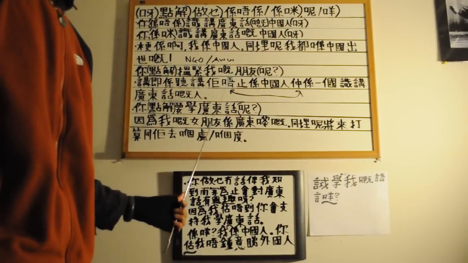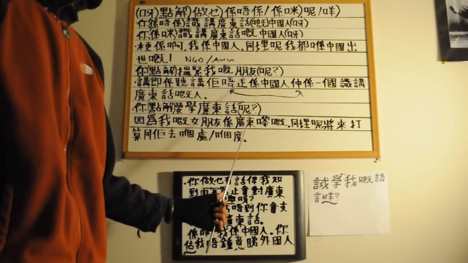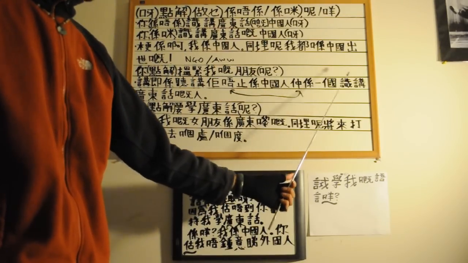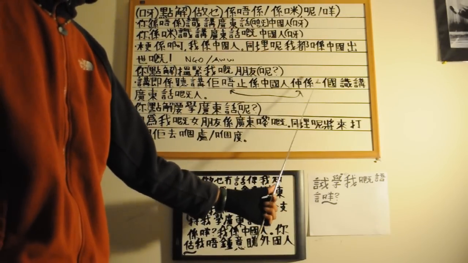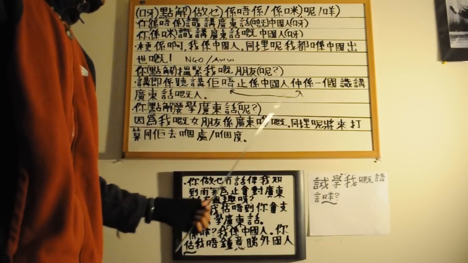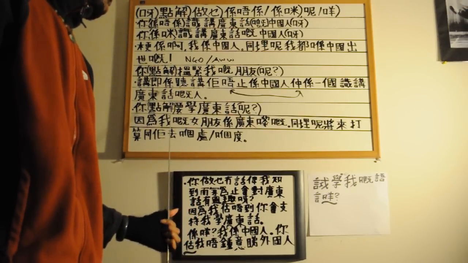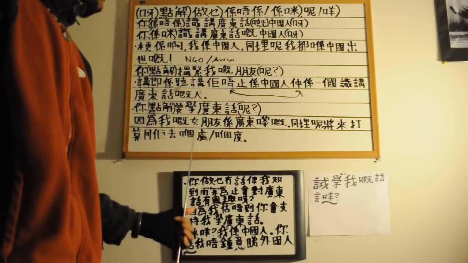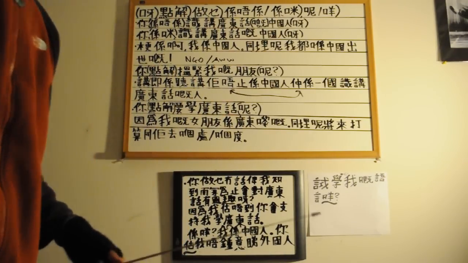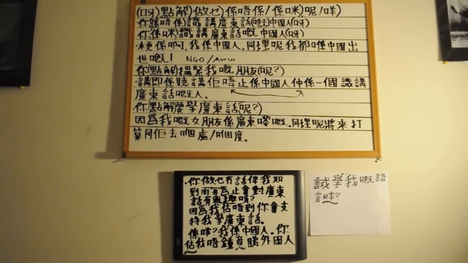So 佢唔知, not only is he a Chinese person, you see how that is in the middle? 係中國人, 仲係一個識講廣東話嘅人, he's a person that can speak Cantonese. And here's the ge, that's the possession. So this person of speaking the Cantonese. Alright? Does that make sense to you guys?